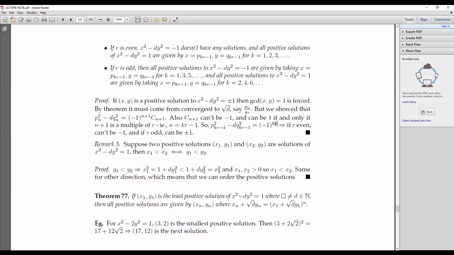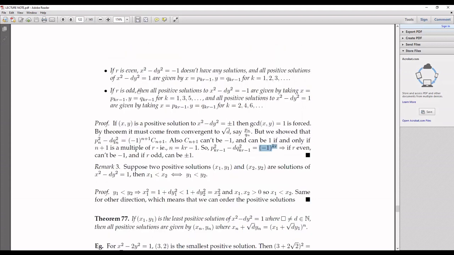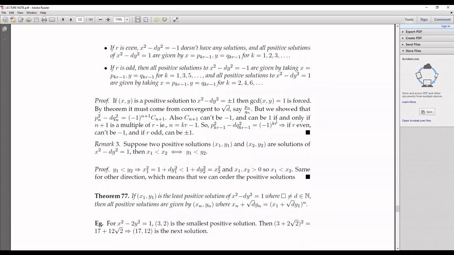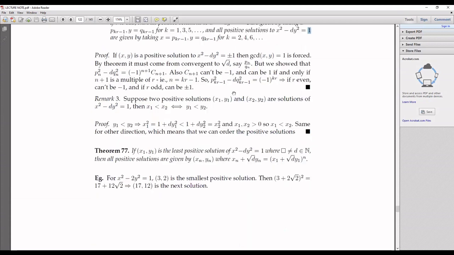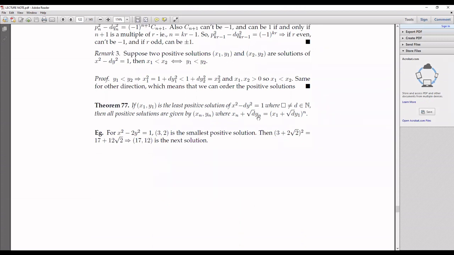And since R is even, the right hand side is never going to be negative, which proves the claim here. -1 has no solution, but 1 has a solution for every k. But if R is odd, then we are dependent on k. If k is even, then we have a solution for the +1 case. If k is odd, then we have a solution for the -1 case. So all of them are done.